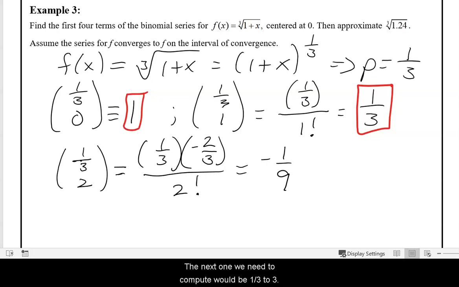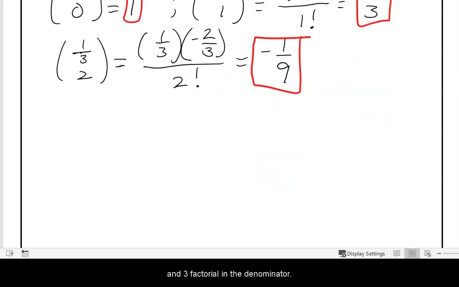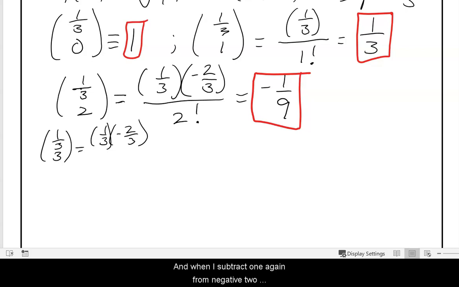The next one we need to compute would be 1/3 choose 3. To compute 1/3 choose 3, I will need 3 factors in the numerator and 3 factorial in the denominator. That will lead to 1/3 times a -2/3. And when I subtract 1 again from -2/3, I get -5/3.